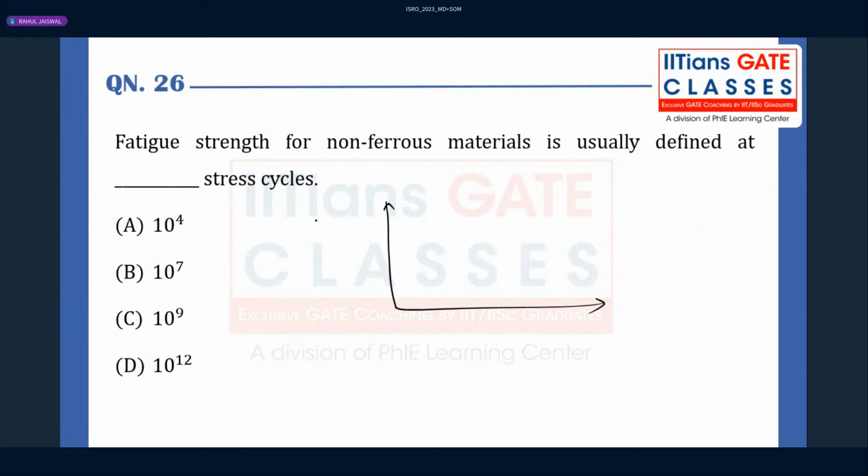When it completes 1 crore revolutions, then when we plot the sigma versus N graph, it will be like this. It will become asymptotic at 10 to the power 7 cycles. Make a note of it.